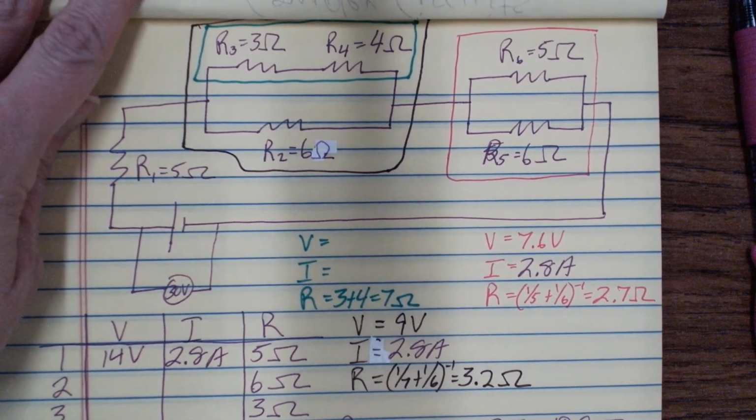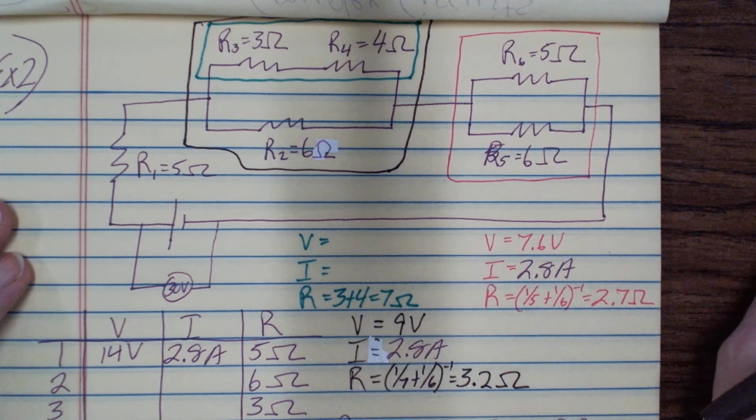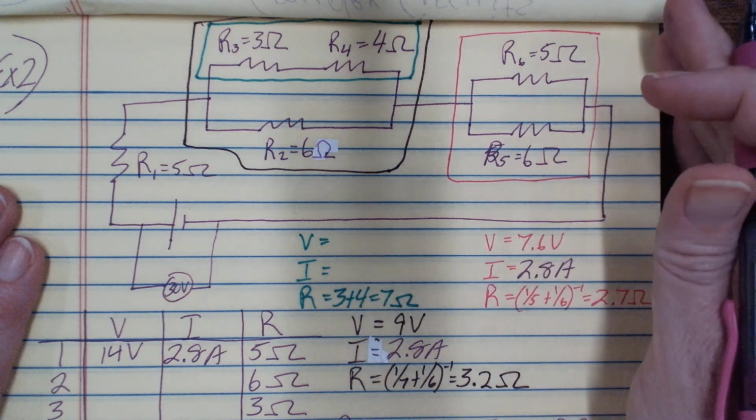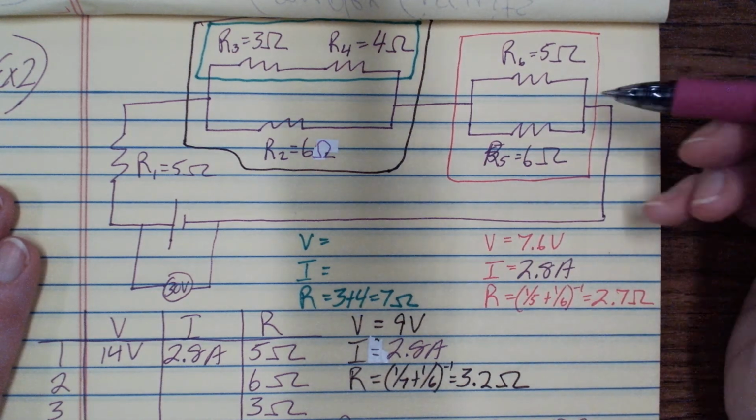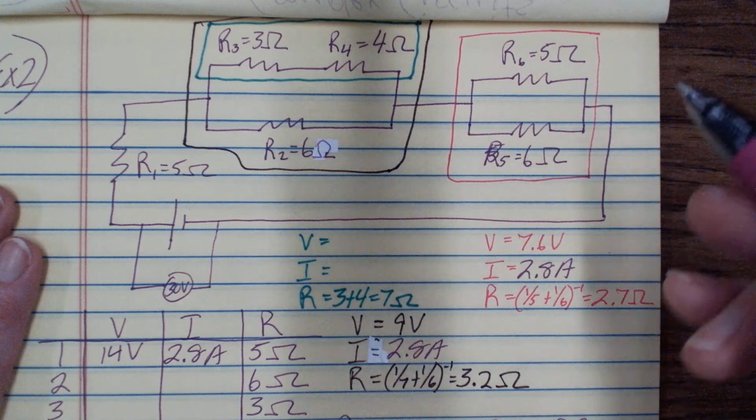Okay, so voltage is uniform in parallel circuits. So if the voltage on the pink box is 7.6, then the voltage across resistor 6 and resistor 5 is 7.6 volts.